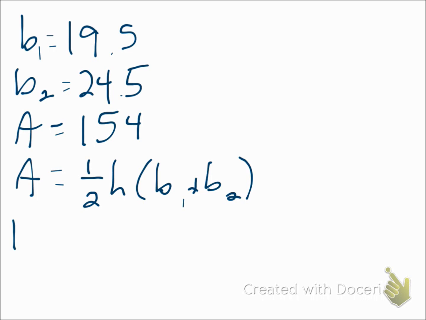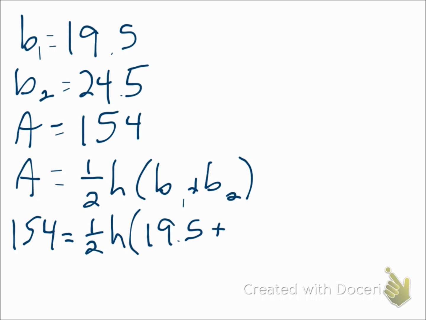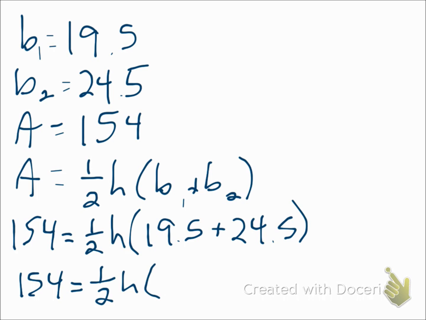Area is 154. I don't know the height, so we'll leave it h. And the two bases are 19.5 and 24.5. Simplify the parentheses there, and we get 44.